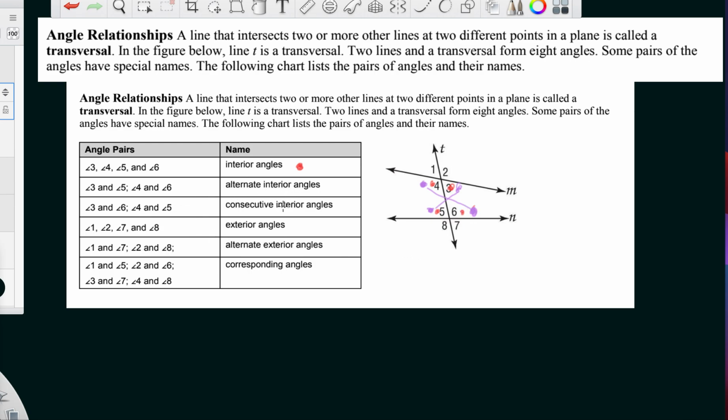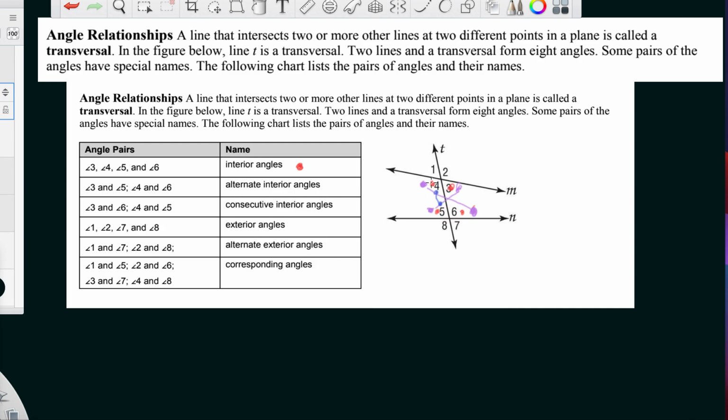Consecutive interior angles. Well, consecutive interior angles means they're right next to each other inside along the transversal. So I have to use a different color, right? So let's use this blue color. And so 4 connects with 5.